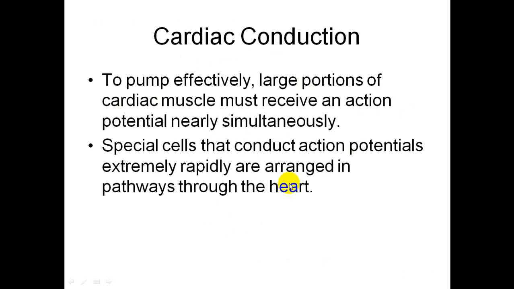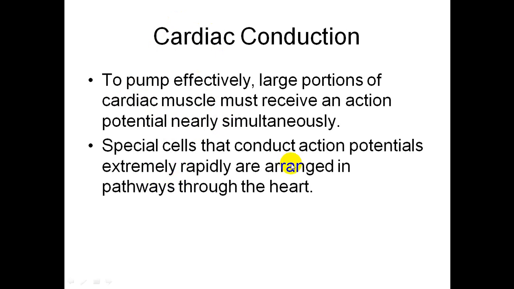So, cardiac conduction: the impulse is generated in the cells by action potential, through voltage-gated channels for sodium, potassium, and calcium. This is to make the heart contract and pump effectively. A large portion of cardiac muscle receives an action potential nearly simultaneously, transmitted by gap junctions. The gap junction makes it very easy to pass the action potential from one cell to another cell.